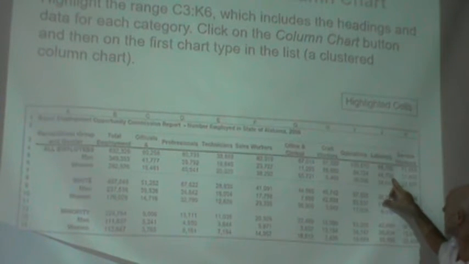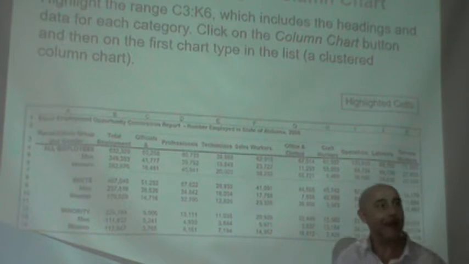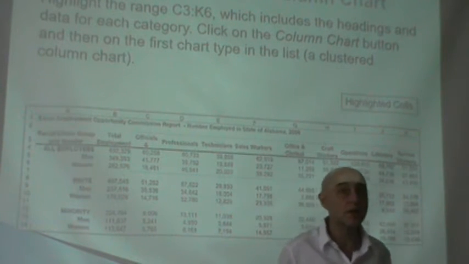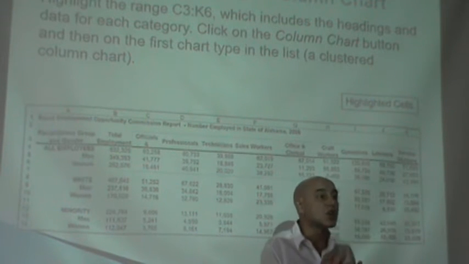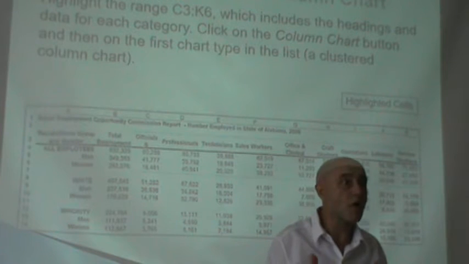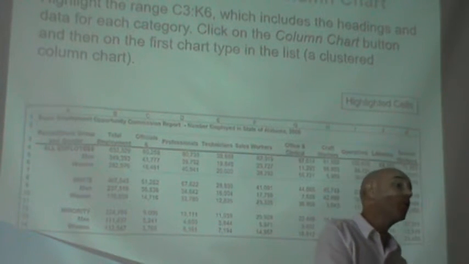Again, laborers, a lot more men. And for service, a lot more women. So you can basically see in this particular selection that certain types of jobs provide strong preference for men or for women.